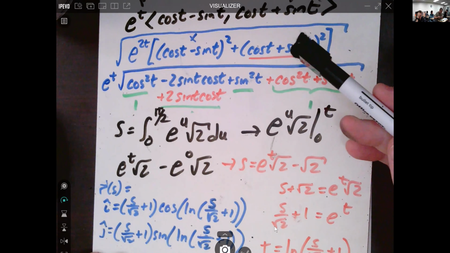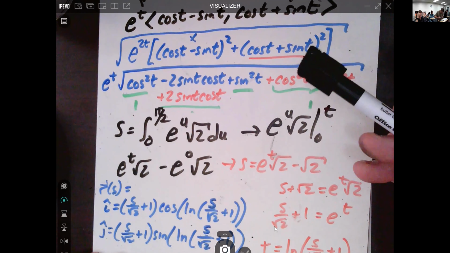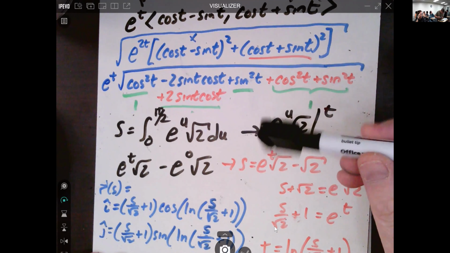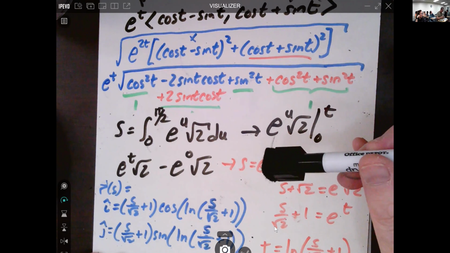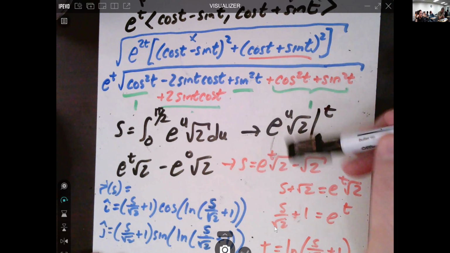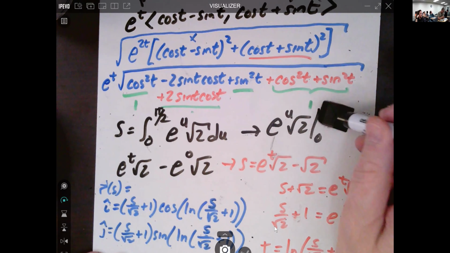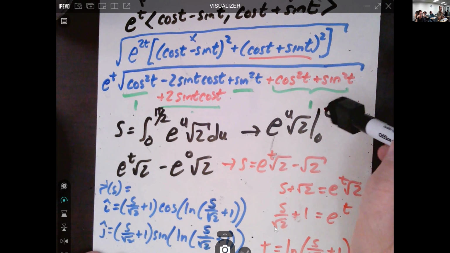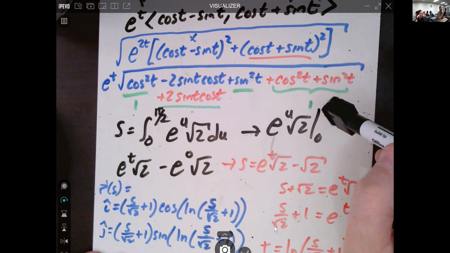He was asking, do you have to solve for t from the parameterization, so that s equals e to the t root 2 minus root 2? Do you have to solve for t to get that and then put it into the interval to find the limits of integration of s, or can you just implement the two limits from 0 and pi over 2 into t from that arc length you have already?